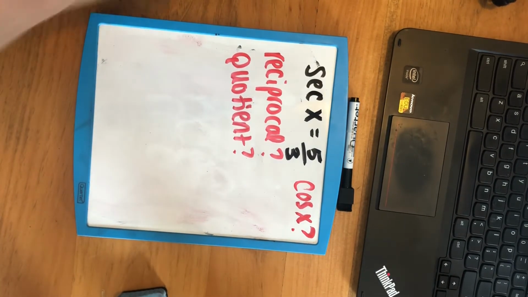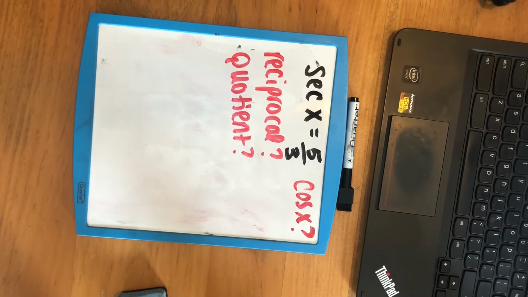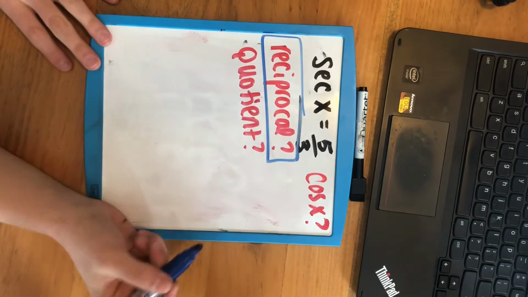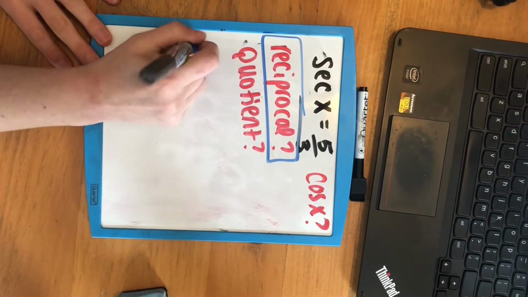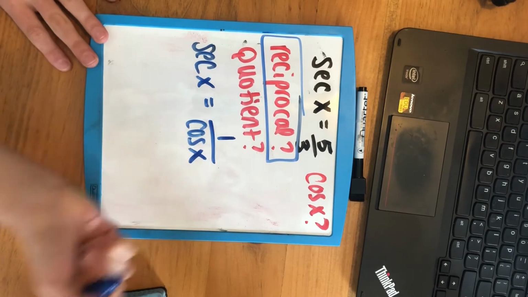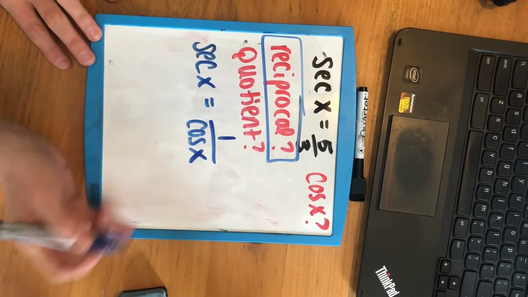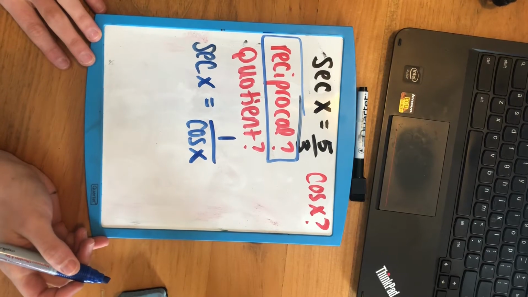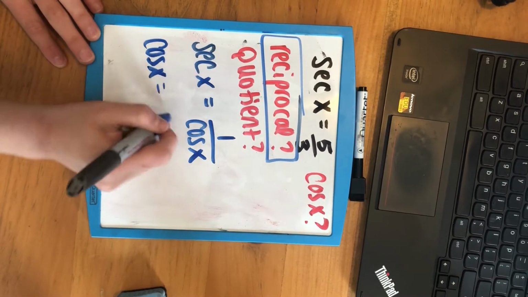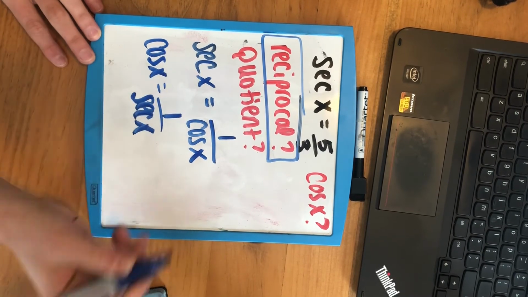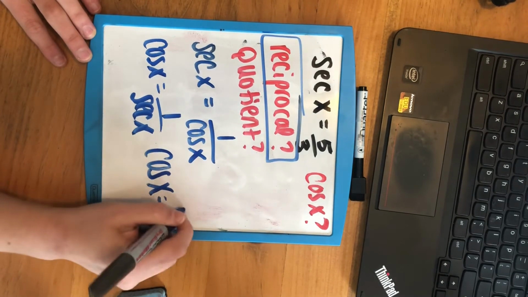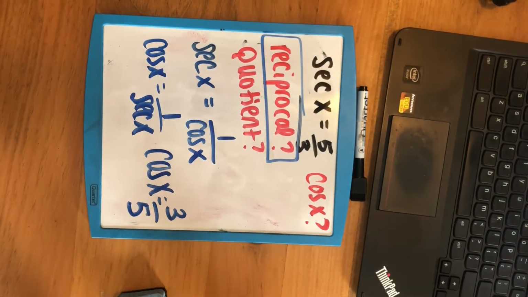Well, if you look back at the previous slide, we know that secant and cosine are reciprocals. So we're going to use the reciprocal identity. We know that secant of x is 1 over cosine of x. So we know that cosine of x is 1 over secant of x. So if secant is 5/3, cosine of x is just equal to 3/5 because they're reciprocals.